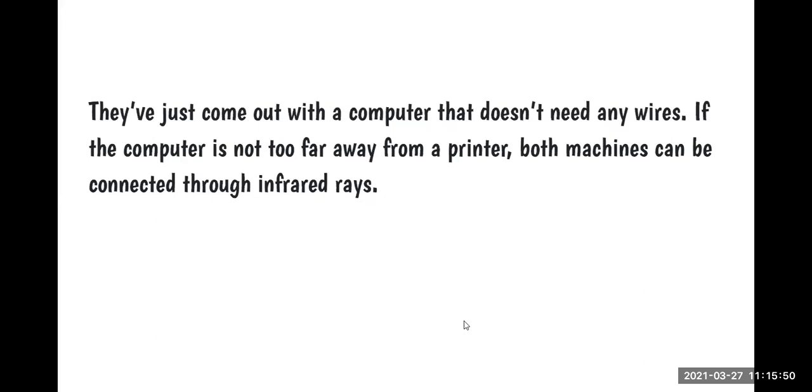A computer, the computer, teacher. A computer and the computer, right? Why do you think we use a computer and after that we use the computer? What could be the reason?